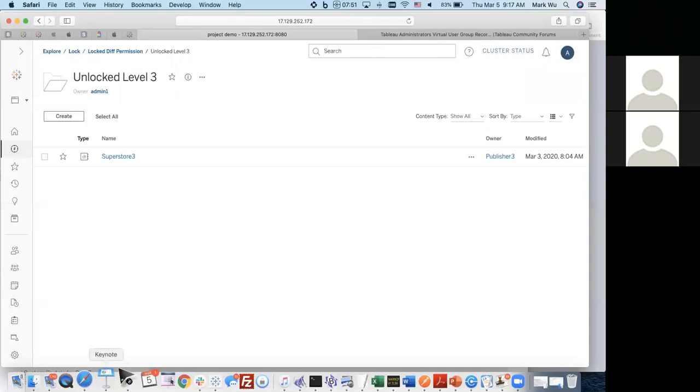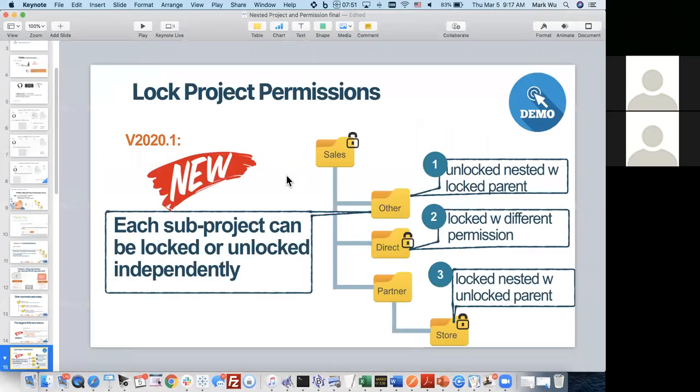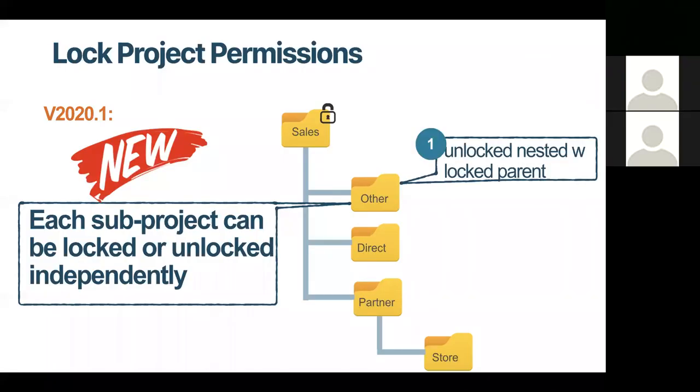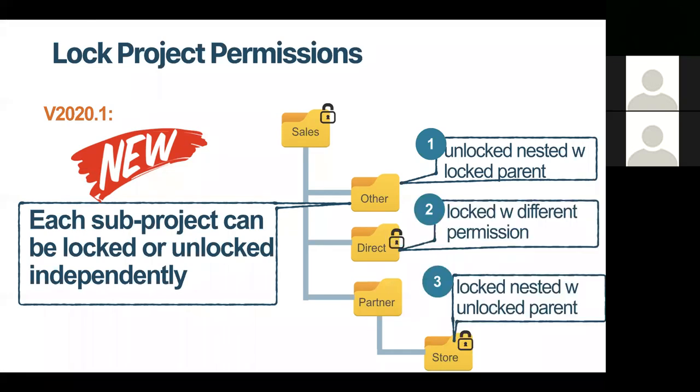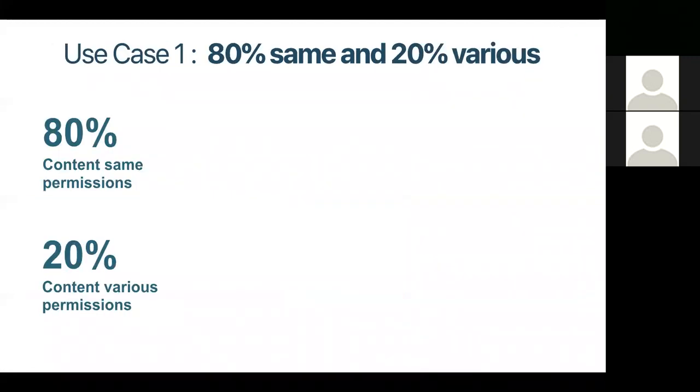This is what I call the big little feature of this 20.1. Again, if I recap, each sub-project can be locked or not independently. There are at least 3 different scenarios. Let me walk you through some use cases quickly.